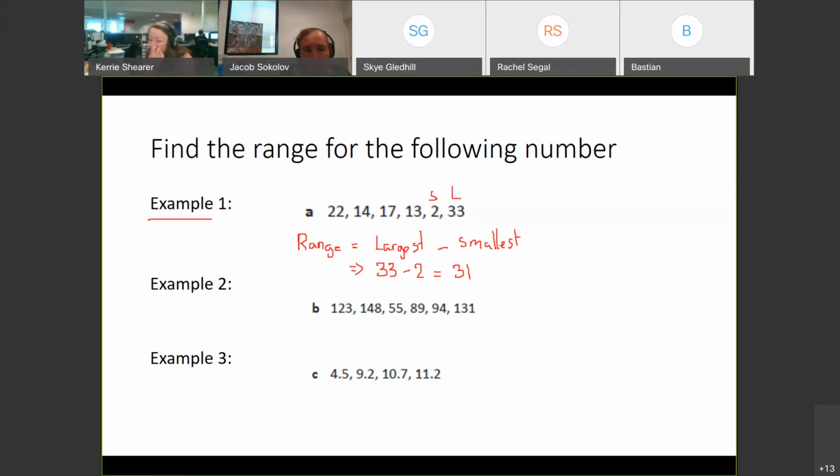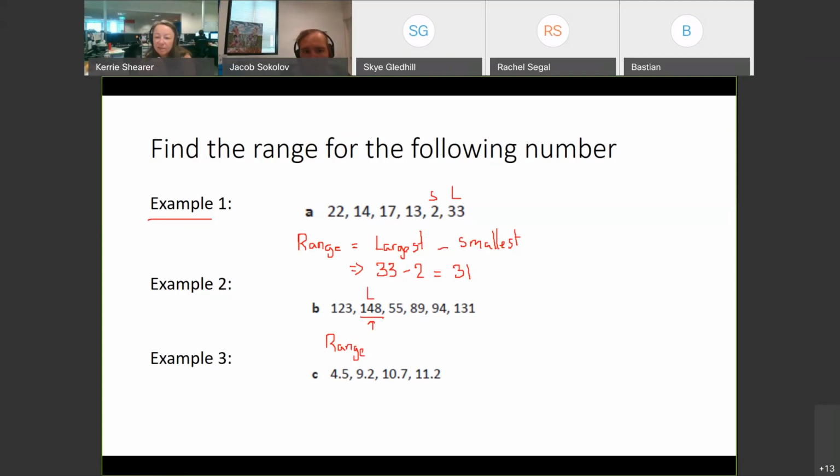Okay. So looking at B, guys. What is the largest number? I'm getting a run of 148. So I've got a 131 and a 128 in there. So people are quick to jump on. Yeah, I would have jumped to 131 if I didn't see the 148. So that's the largest, and the smallest, guys?